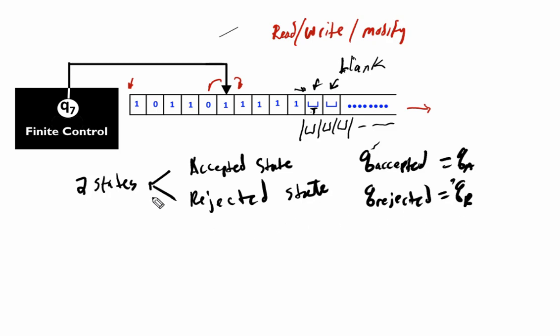Can you have another state? Yeah, you can, but that's not desired. You can have a looping problem, and then you're not going to get an accepted or rejected state.